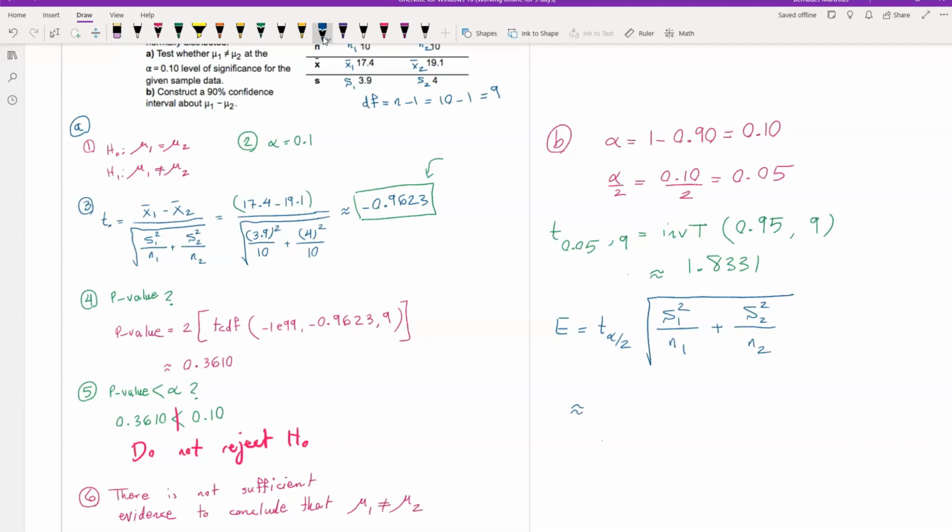So we take the t, and that was 1.8331, multiplied by our standard deviation for the first group, which was 3.9, squared divided by the sample size, plus for the second group 4 squared divided by the sample size.